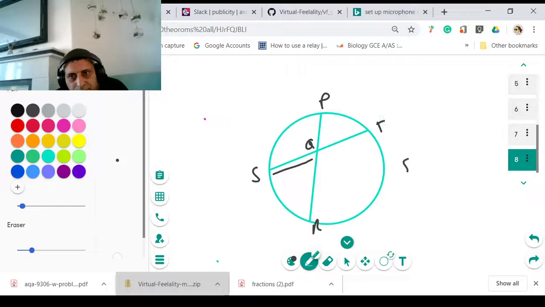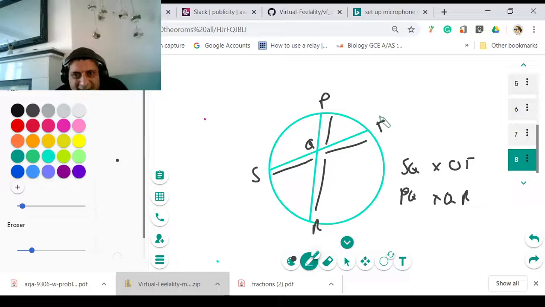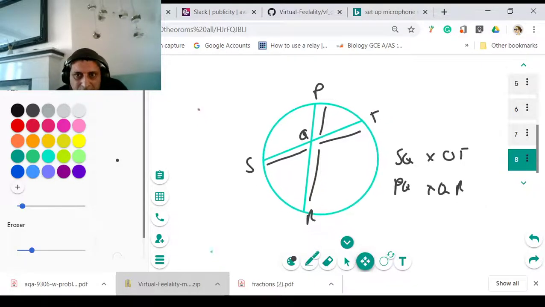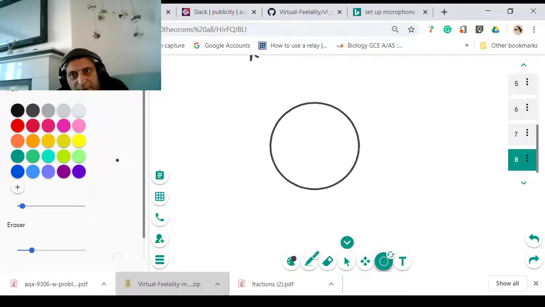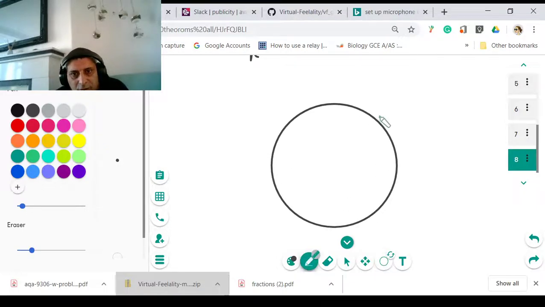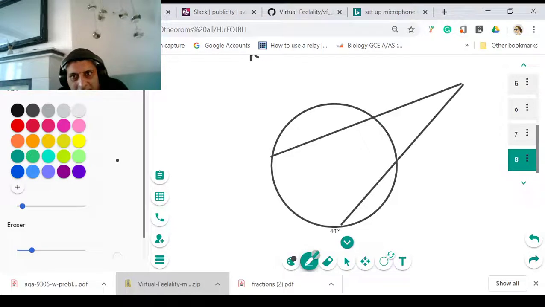The rule's really simple: SQ times QT is equal to PQ times QR. And you go, oh yeah, really easy. It would be really easy to remember, unless they go, do you know what? These are not tangents.